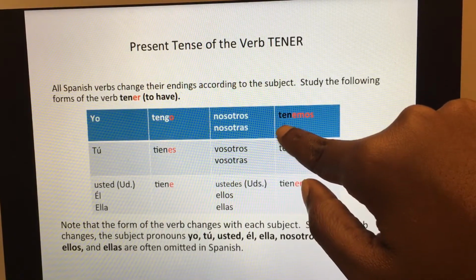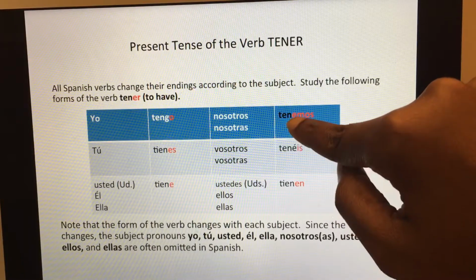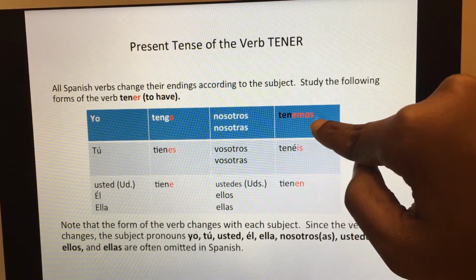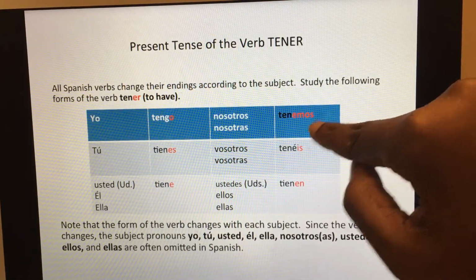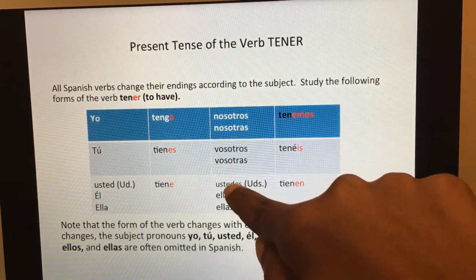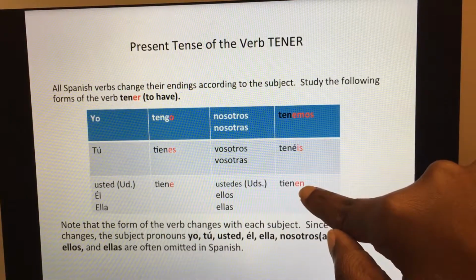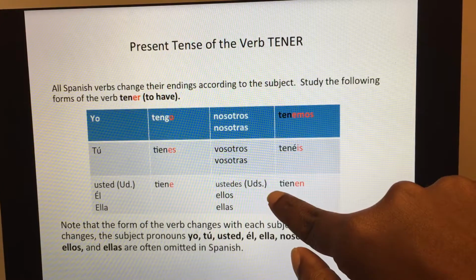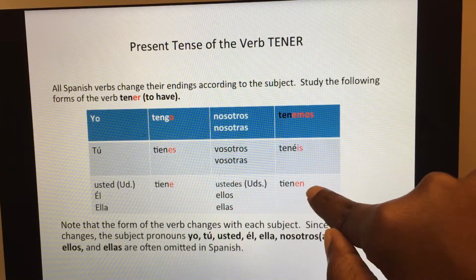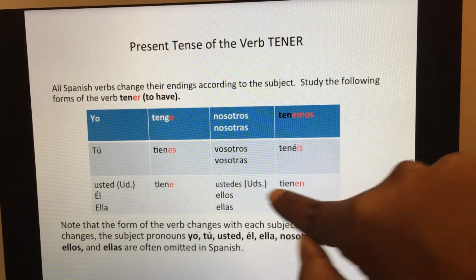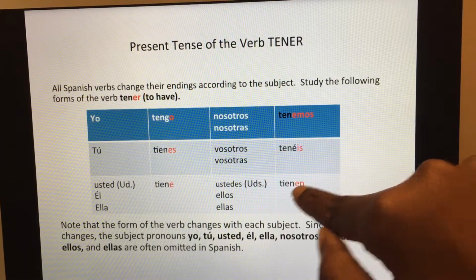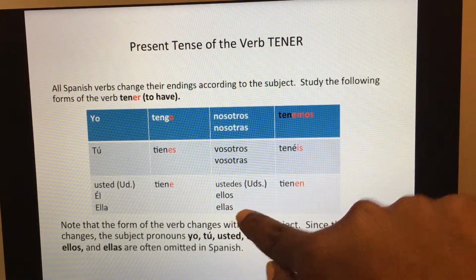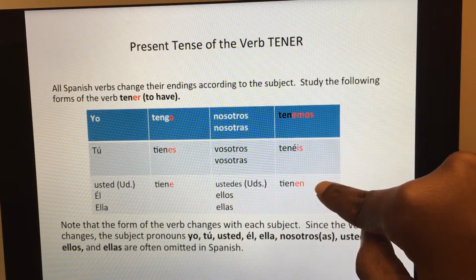It's T-E-N. Tenemos. This is E-M-O-S. Tenemos. We have. Ustedes tienen. The stem is different. It's T-I-E-N, and then the ending is E-N. Ustedes tienen. You all have. Ellos, ellas tienen. They have.